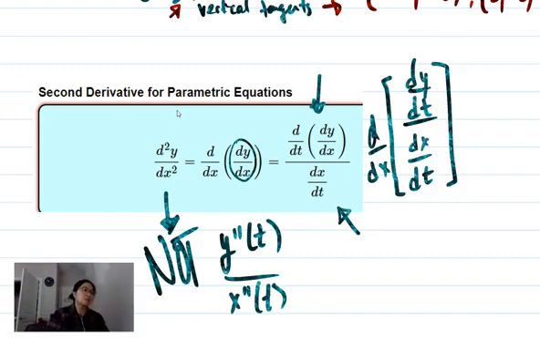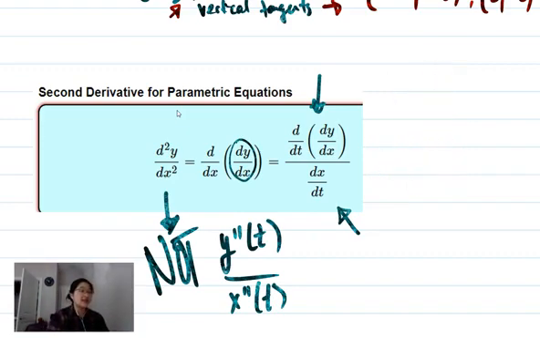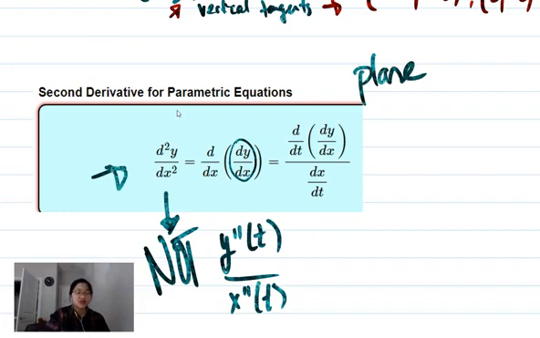So what's really going to be happening is that you're going to calculate, in order to figure out what our second derivative is of our parametric curve, our plane curve, P-L-A-N-E, plane curve, is going to be looking at our first derivative and then differentiating that with respect to t, and then dividing by our first derivative of x with respect to t.